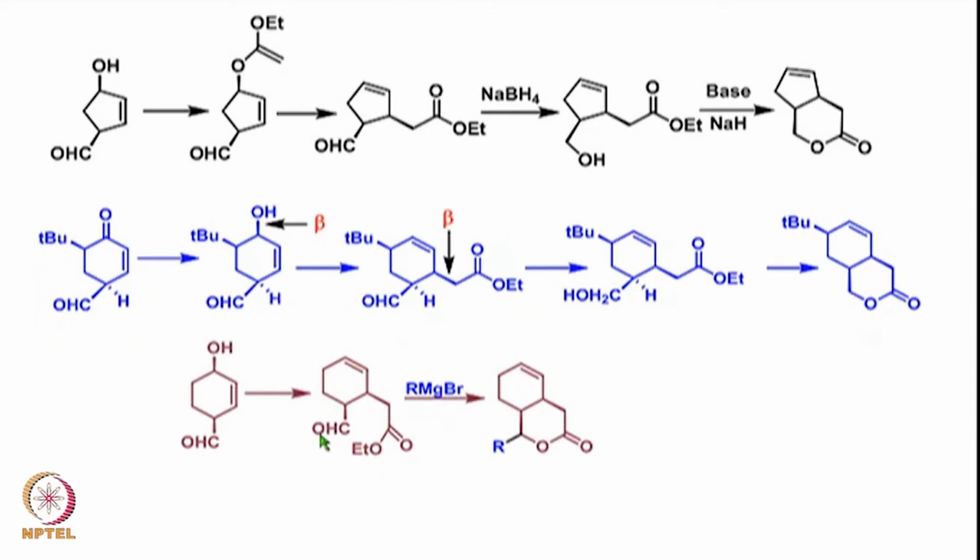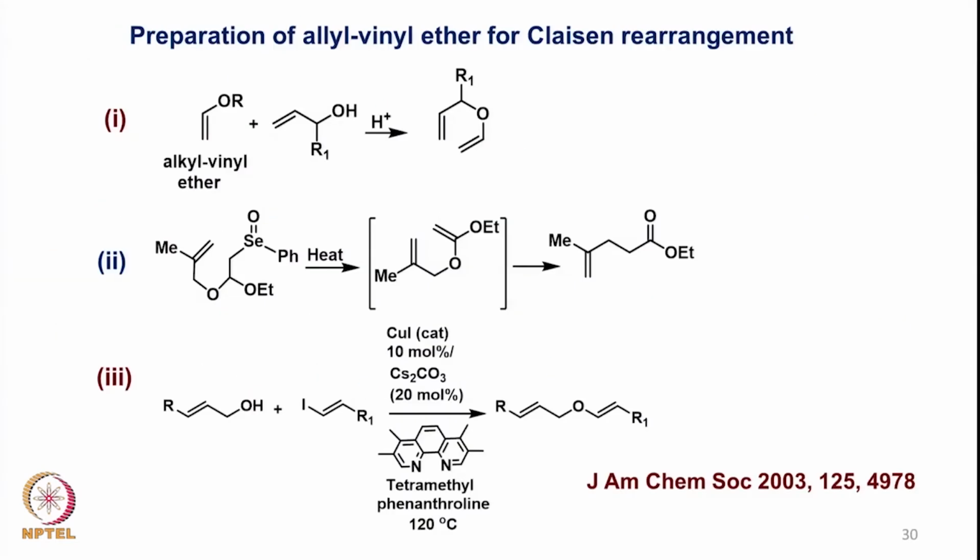Now instead of reducing the aldehyde, if we react with say a Grignard reagent like RMgBr, then of course that will first react with the aldehyde, because the aldehyde is more electrophilic than the ester, and then the corresponding secondary alcohol will undergo cyclization to form this type of substituted bicyclic lactone.